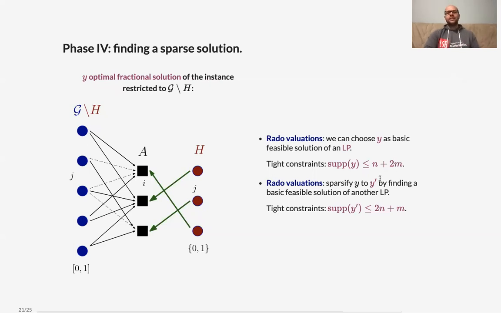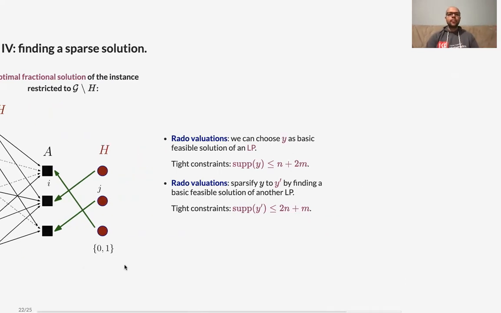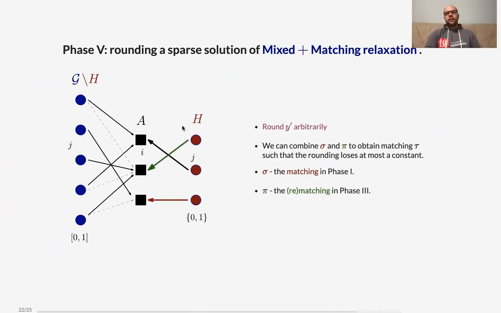And then again, we use that we are working with Rado valuations to show that we can sparsify this optimal solution y to y prime by solving another LP and getting the support of y prime down to 2n plus m. So now you can think that we almost have a rounded solution, because on this side, we already have something rounded, and here we have 2n plus m edges used. So we started already rounding the solution, and then we can round the solution as follows.